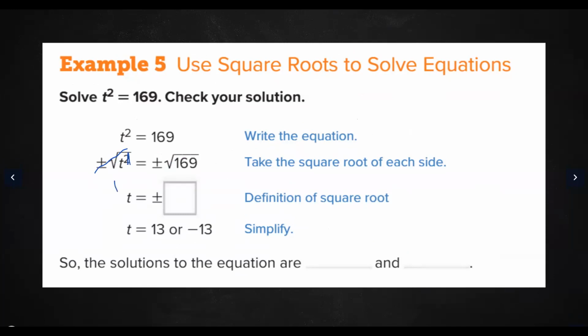Okay, so we only end up with a t. And we need to find the square root of 169, which in this case would be positive and negative 13. So t is equal to positive 13 or negative 13. So there are two solutions for the equation, right? Negative 13 and 13.